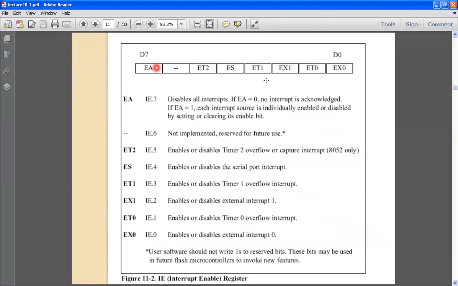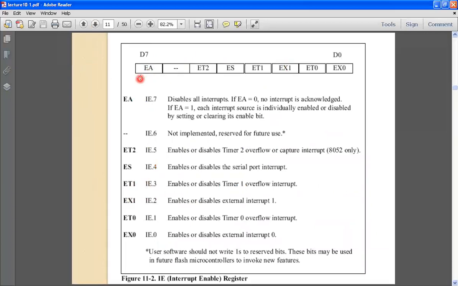As we are using INT1, that is external hardware interrupt 1, that is EX1 only. The status of EX1 is equal to 1 because we are using external hardware interrupt. EA must be 1 to acknowledge all the interrupts. The rest are 0.